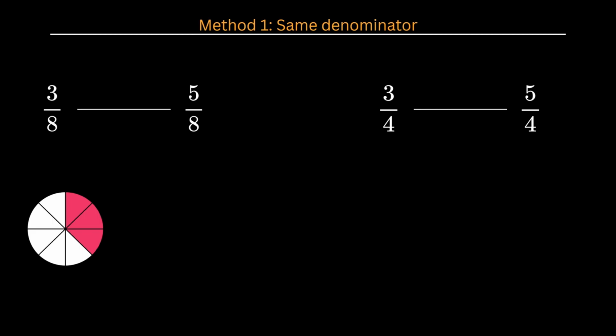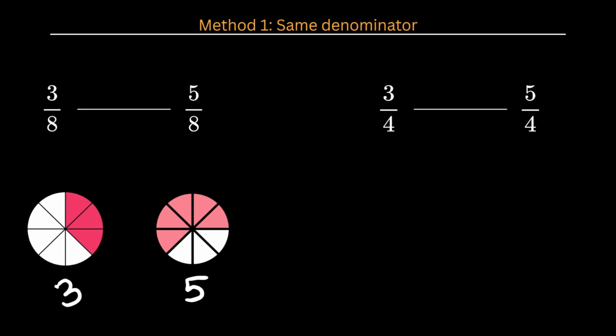Now, 5 over 8. Also, it's a whole divided into 8 equal parts, and think about food. You eat 5 slices. Now, on the first one, 3 over 8, think about food. You eat 3 slices, and on the other fraction, you ate 5.